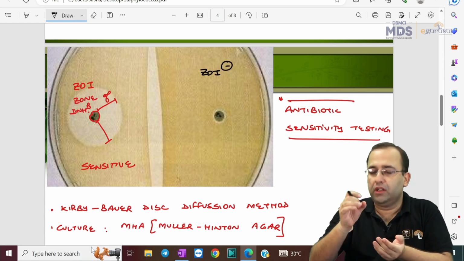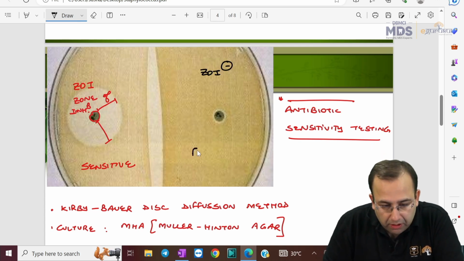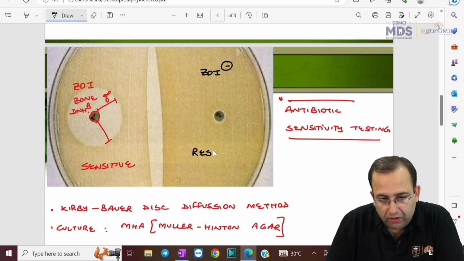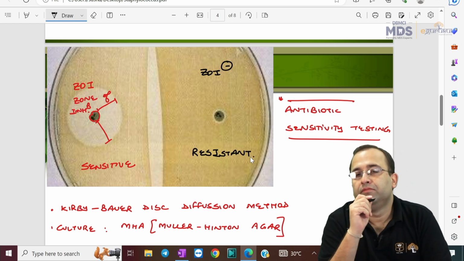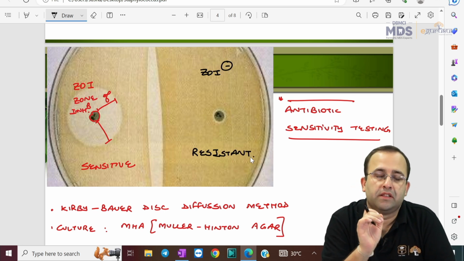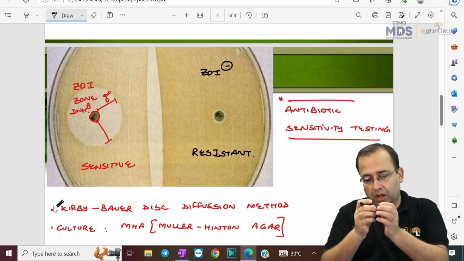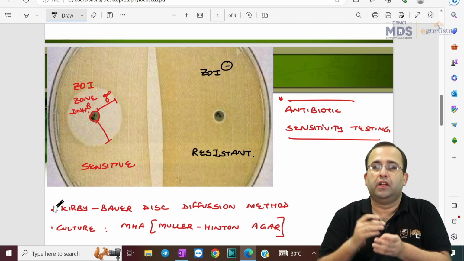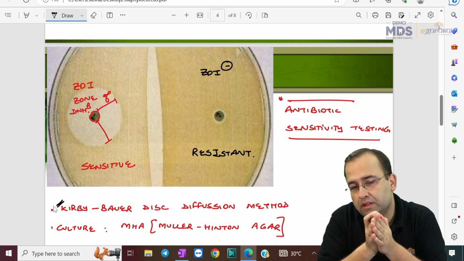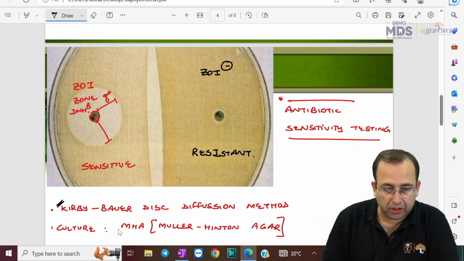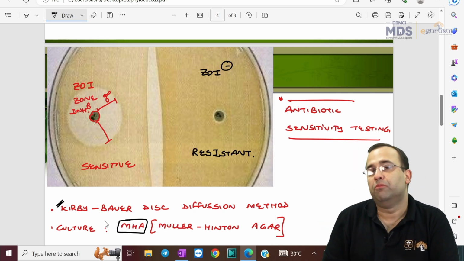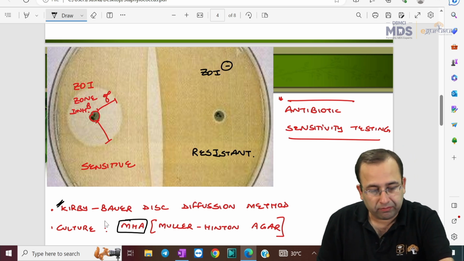The organism is fully growing till up to the disc. That means there is no zone of inhibition. The organism is resistant. This is antibiotic sensitivity testing based on Kirby-Bauer disc diffusion method. Around the disc, the antibiotic is diffusing. Next point, culture medium used, MHA, Muller-Hinton agar.